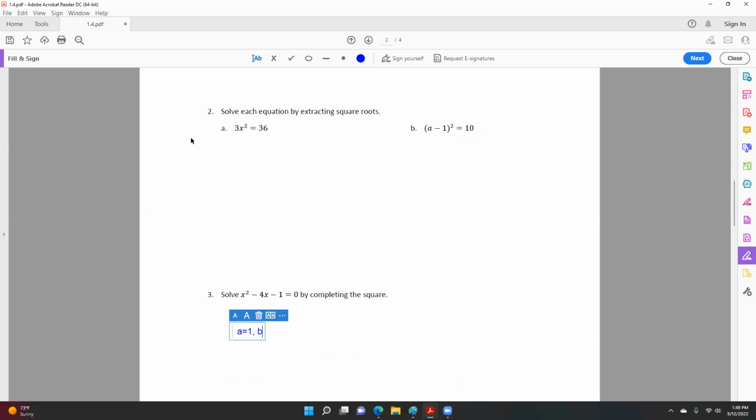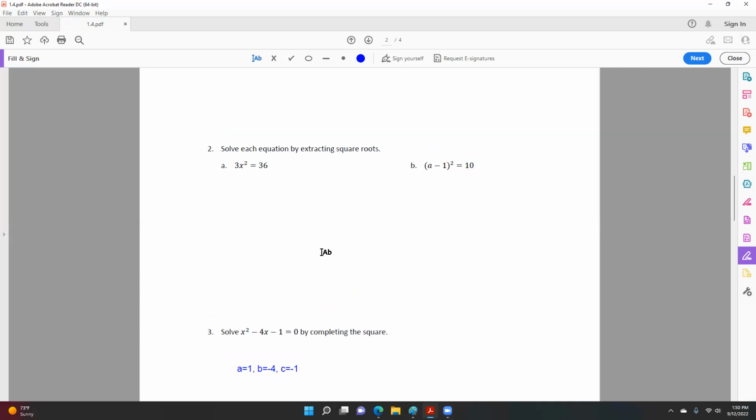Now b is the middle term, so what is b in this question? Negative 4, yes. If you put b as a positive 4, you will get it wrong. And c in this case will be negative 1. So make sure you know that a, b, and c take the sign to the left of the term. They're not always positive; they can be negative.